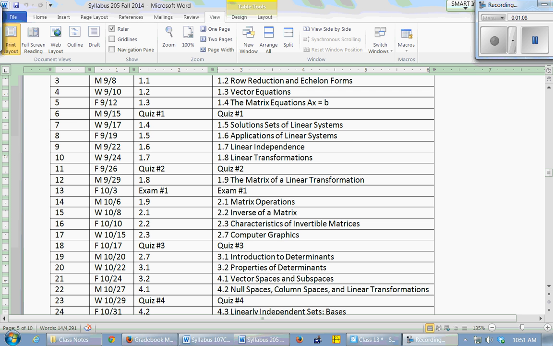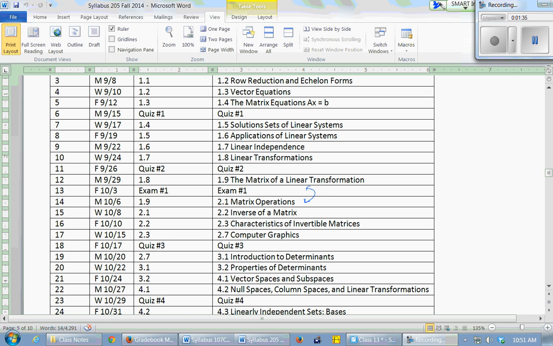All right, so before we start the lesson on 2.1, I just want to remind you that exam 1 is going to be on Monday. I swapped the day for exam 1 and the day for 2.1. It's going to be on chapter 1, except for the parts of 1.10 that we didn't cover.